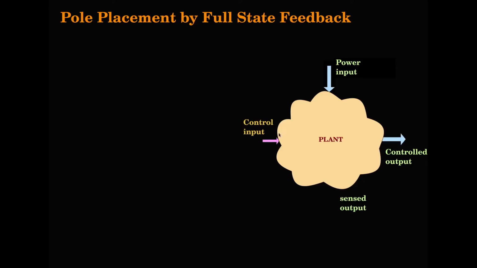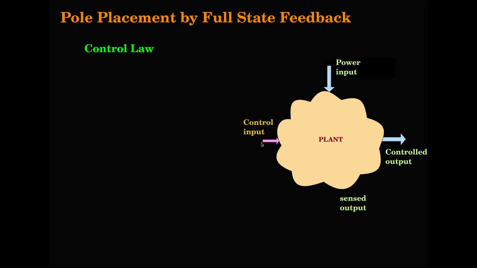Let us now discuss pole placement by full state feedback. For any given plant, you see a plant here which is having a power input and a controlled output, and there is a control input. So generally we talk of a control law, which is actually the relationship of this control input to a certain set of parameters.